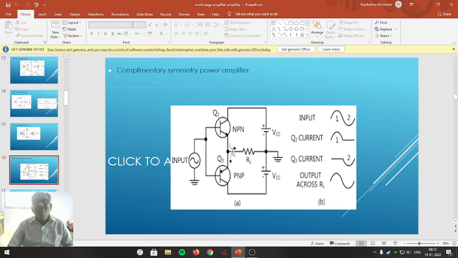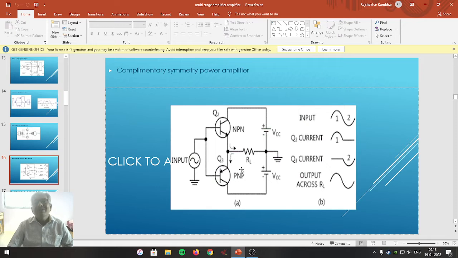They seem to be symmetrical with each other, so that's why it is called a symmetry power amplifier. But as one transistor is NPN and the other is PNP, the working of the NPN and PNP transistors are opposite to each other.